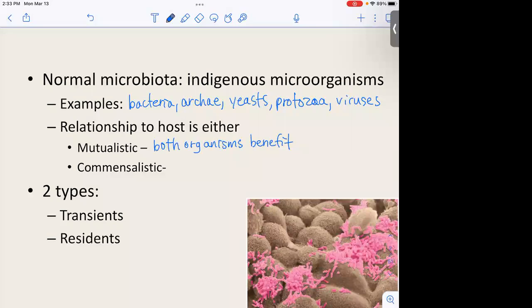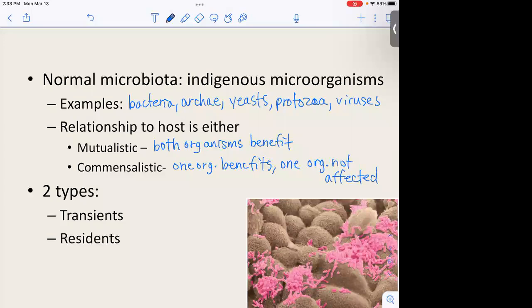Or a commensalistic relationship is when one organism benefits and one organism is not affected. I should say impacted, because I always forget how to spell affected correctly. So forgive me if that's wrong.